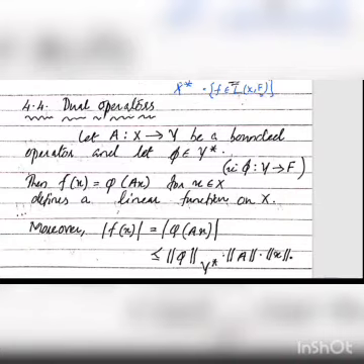So here we are defining the dual operators. So consider A from X to Y be a bounded operator and let phi belong to Y star.